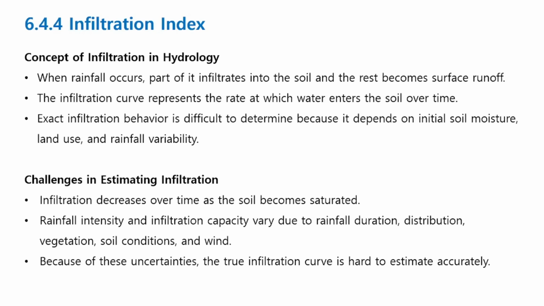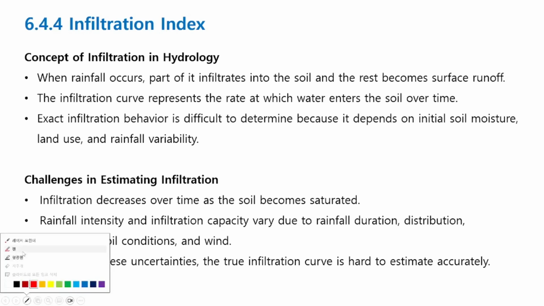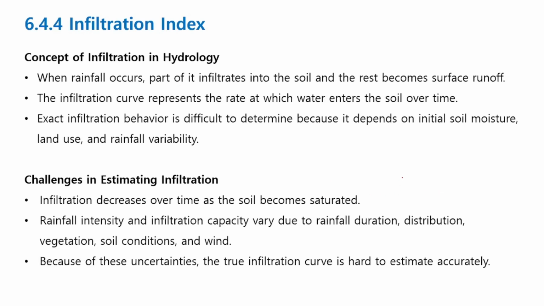So the challenges in estimating infiltration are: infiltration decreases over time as the soil becomes saturated. What that means is that as rainfall continues to come, the soil starts to fill up with rainfall until it's saturated, until the soil is so full of water that no more water can go into it, and it starts just flowing like that.